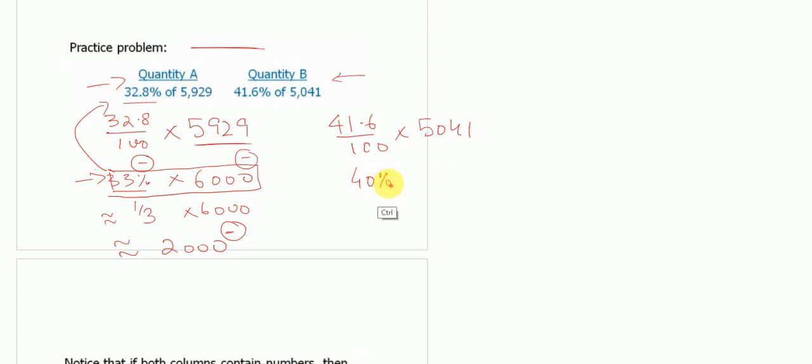I'll write it as 40 divided by 100 multiplied by 5,041. Similarly, instead of going up, we're reducing this number. This is 5,000. So you would understand why I'm putting these plus signs with them.